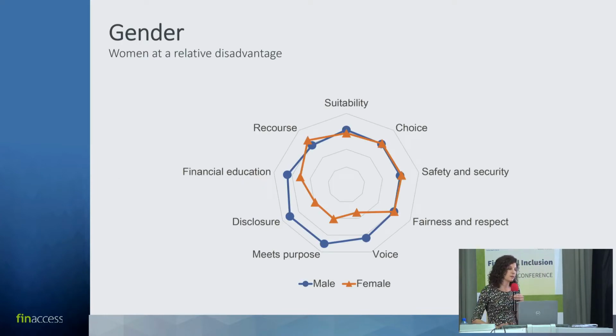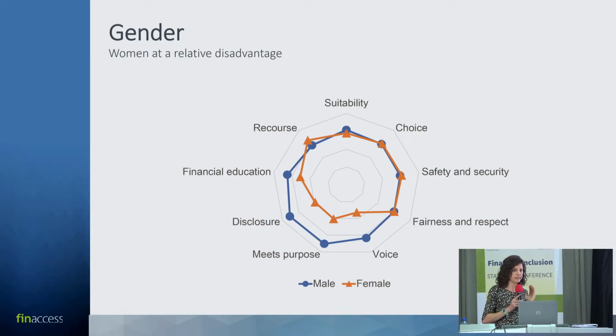So firstly, if we look at gender, and remember, as I explained earlier, this shows the relative gap between different population groups. So don't look at the absolute values in the scale, look at the gaps that we see in the spidergram. So overall, there's a 6% index gap between men and women.